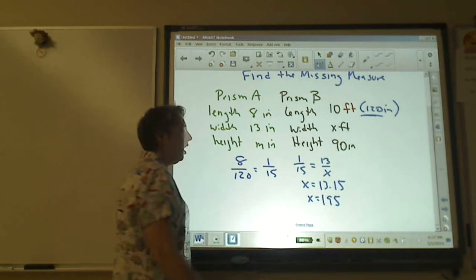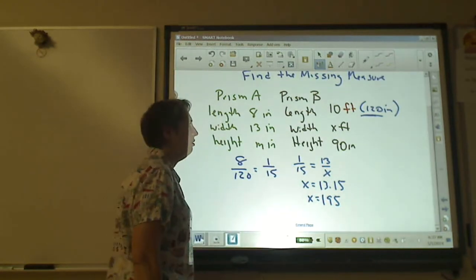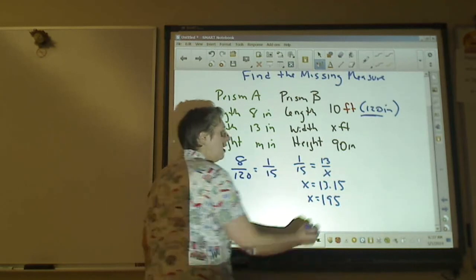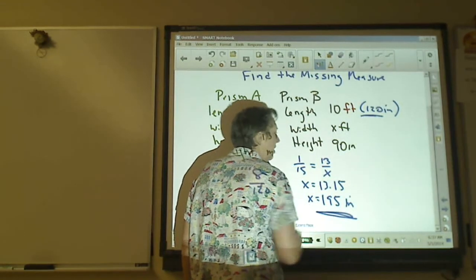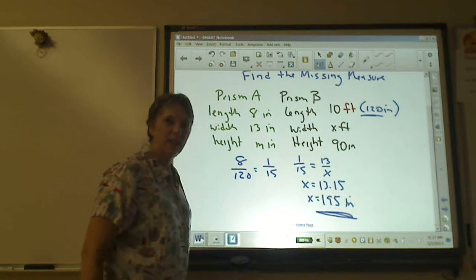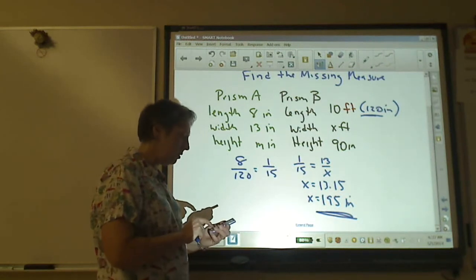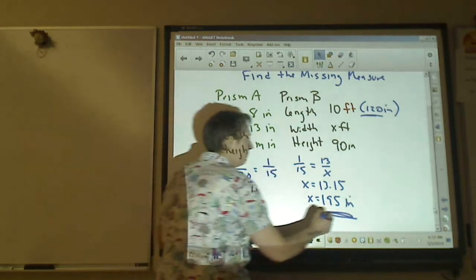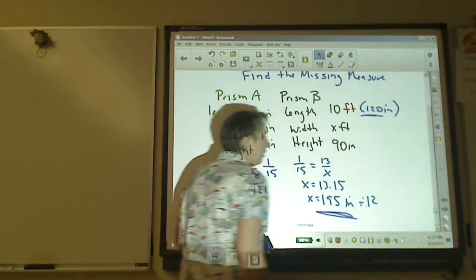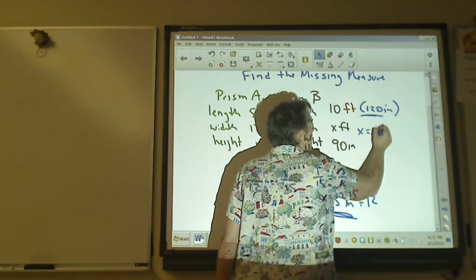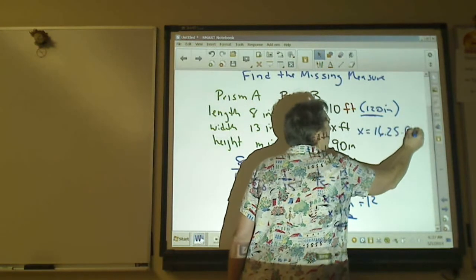That's easy. 195 what, though? That's not 195 feet. That's 195 inches. They want feet. So what do we do? Divide by 12. And you have to show me that. And it becomes 16.25. So you go up here and say 16.25 feet.